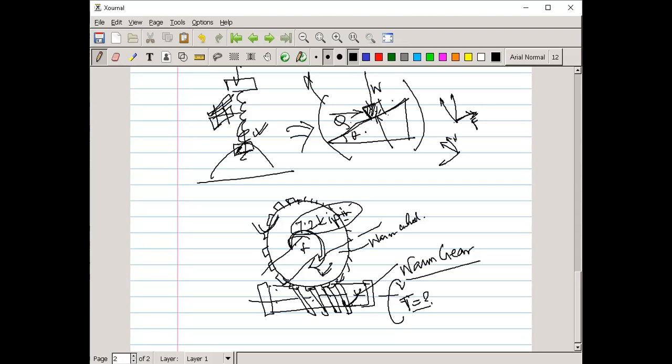This is a worm, and this set is called a worm gear set. So the question is to find out the amount of applied torque which is needed. Why is it needed? Because to provide 7.2 amount of moment in this shaft.